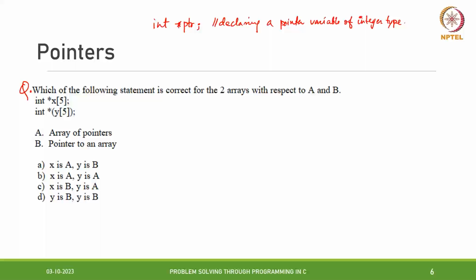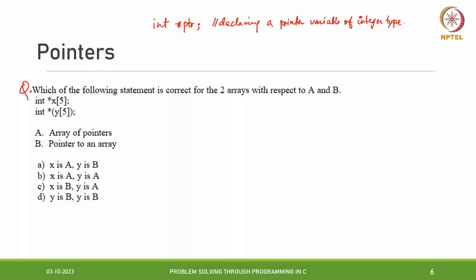Now, the first part is we have written int star x of 5. What does this mean if you write it like this? We are defining 5 pointers here.